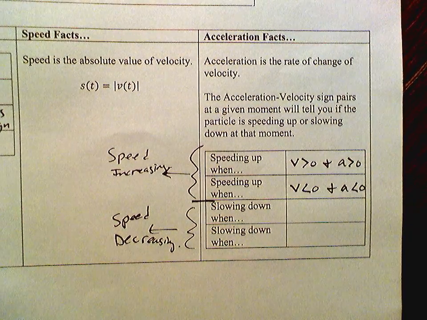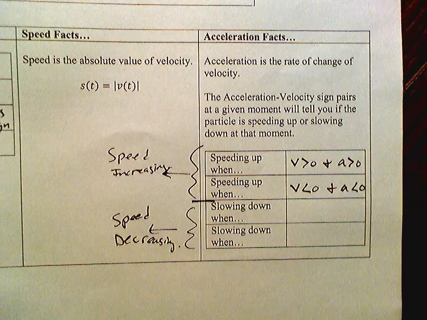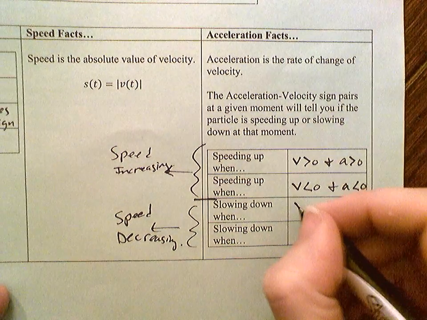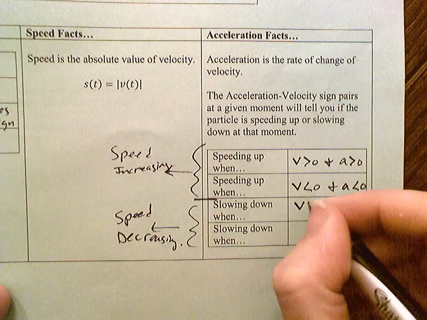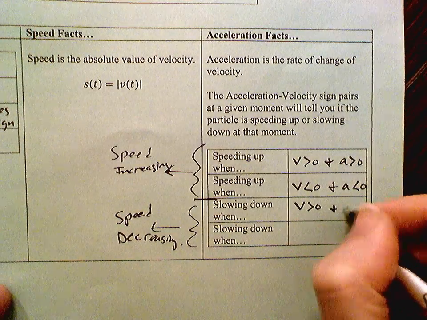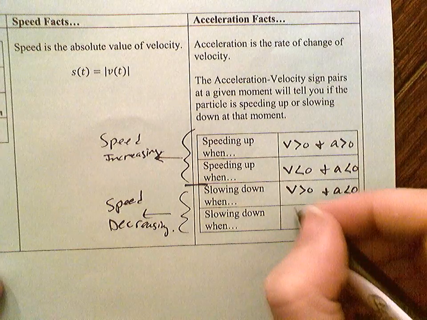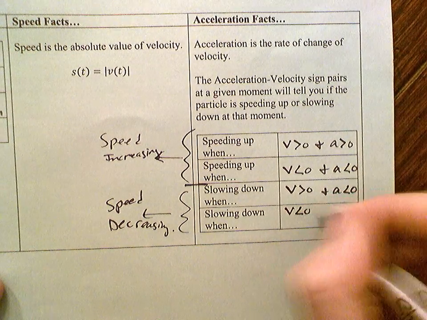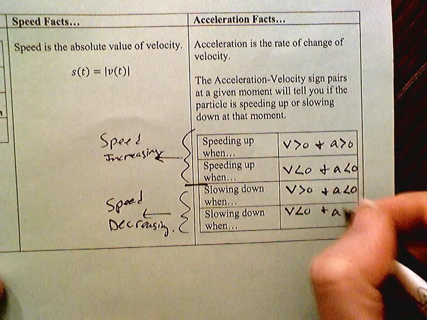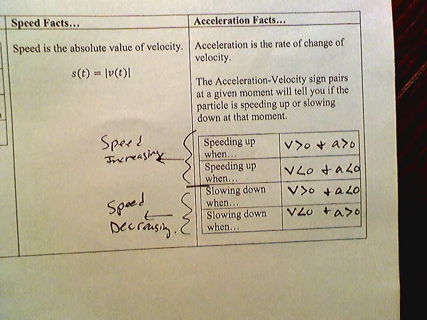So here are two cases where the particle's speeding up. Slowing down would just mean that they have opposite signs. Case 1, velocity is positive and acceleration is negative. Case 2, velocity is negative and acceleration is positive.